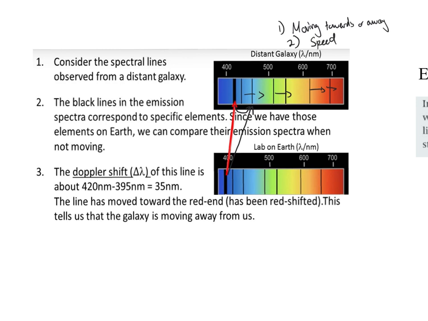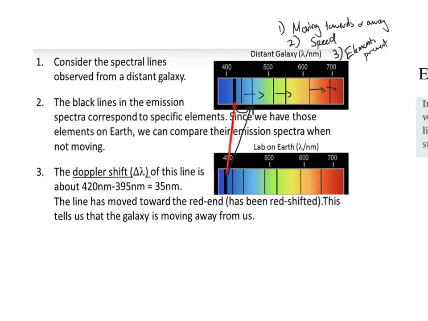You can do calculations obviously too. And the third point is the actual elements that you are investigating in a specific star, in a specific galaxy, or in the galaxy in general. Okay, so that's just about it. If you get the change, then you can figure out the value.